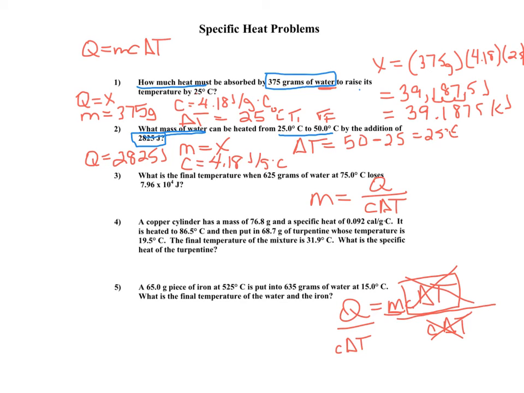So our Q was 2,825 joules divided by C, which is 4.18, times our total, our delta T, which we already calculated to be 25.